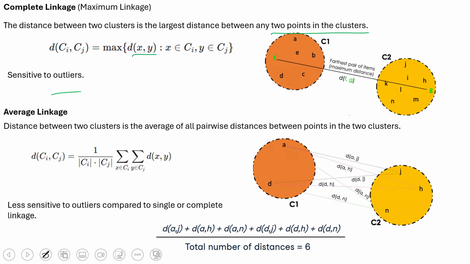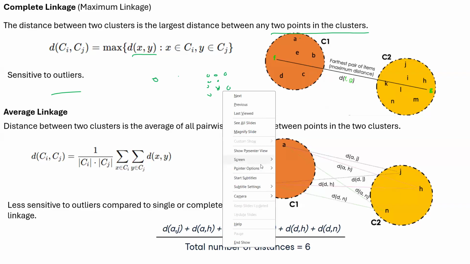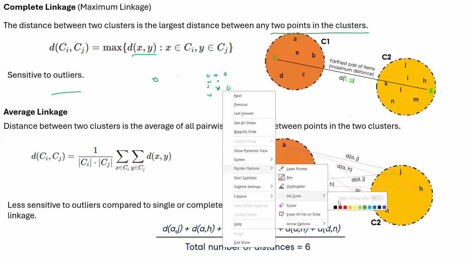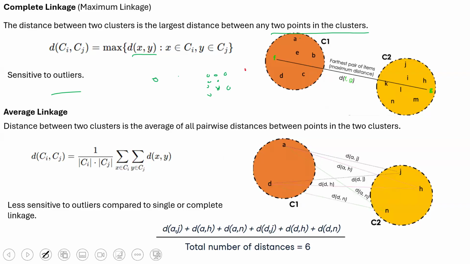This is also sensitive to outliers, because it is vice versa. If you have all the points here belonging to one cluster and one is very far, and you have another cluster over here, the complete linkage will actually calculate this distance.